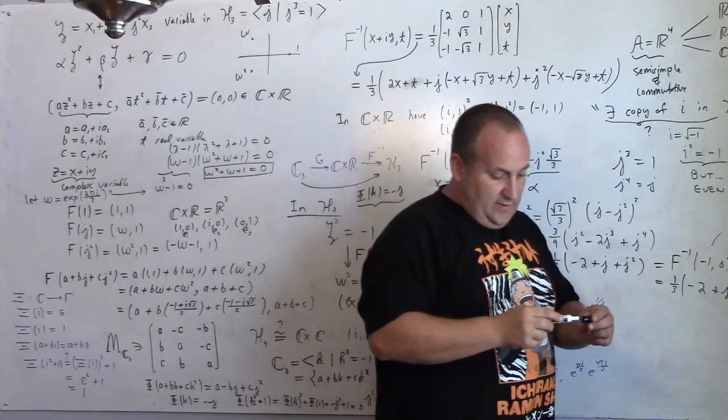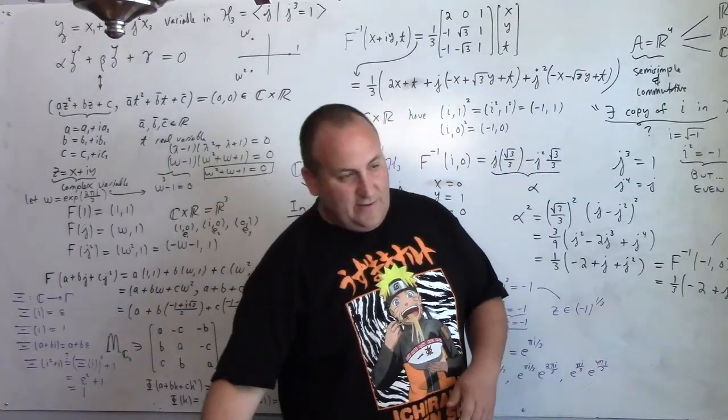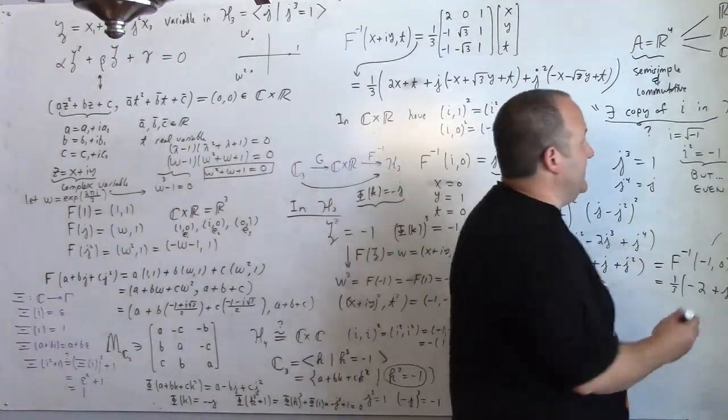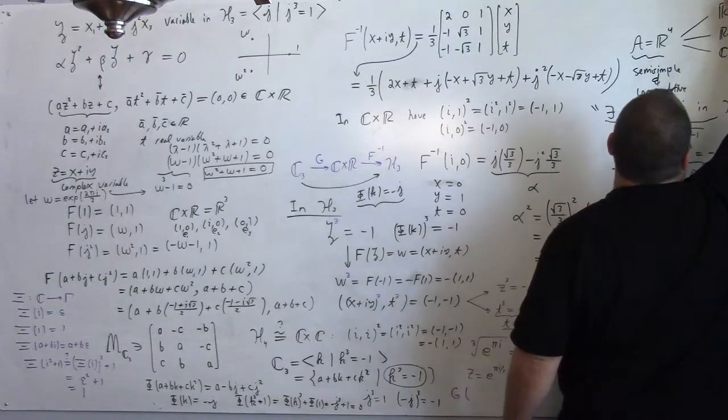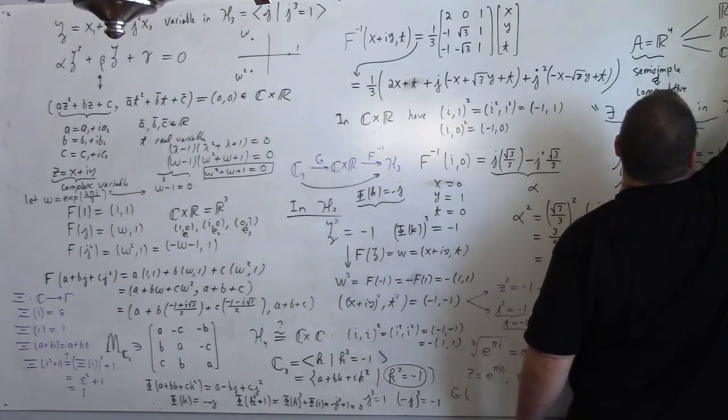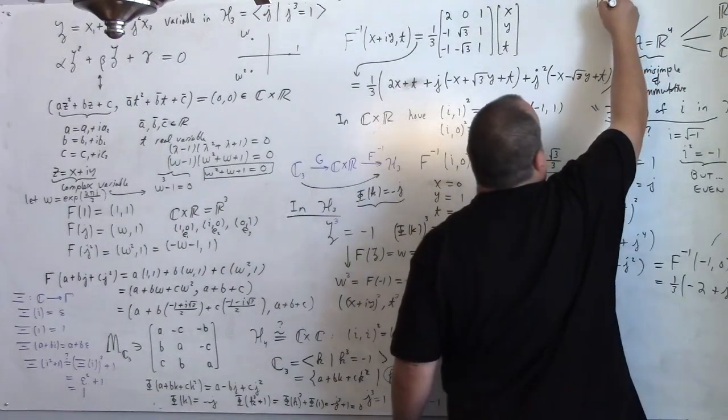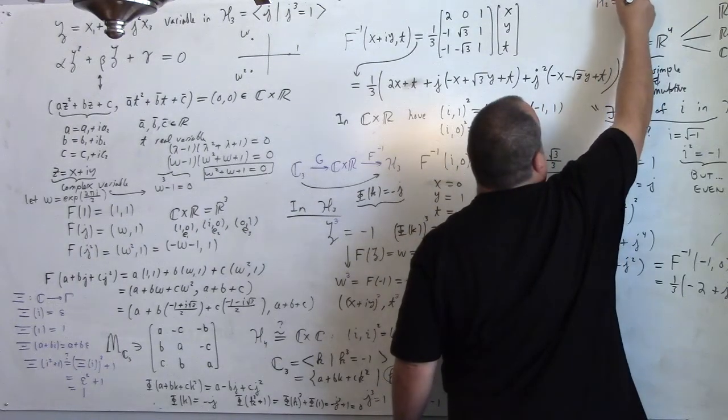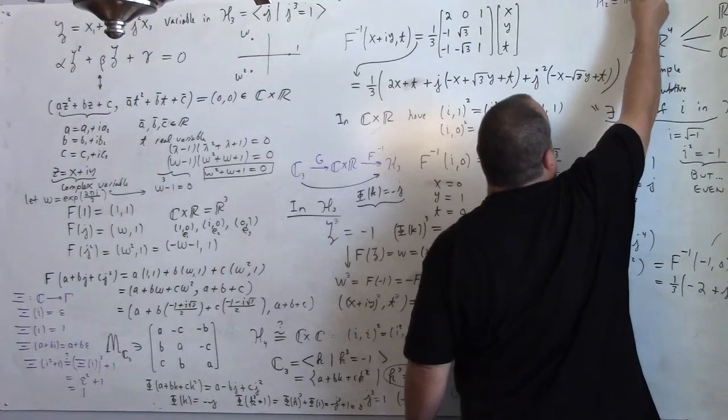Now, we also have other isomorphisms. We can look at this in different ways. This is isomorphic to H2 cross H2, because H2 is isomorphic to R cross R, as we've explored.